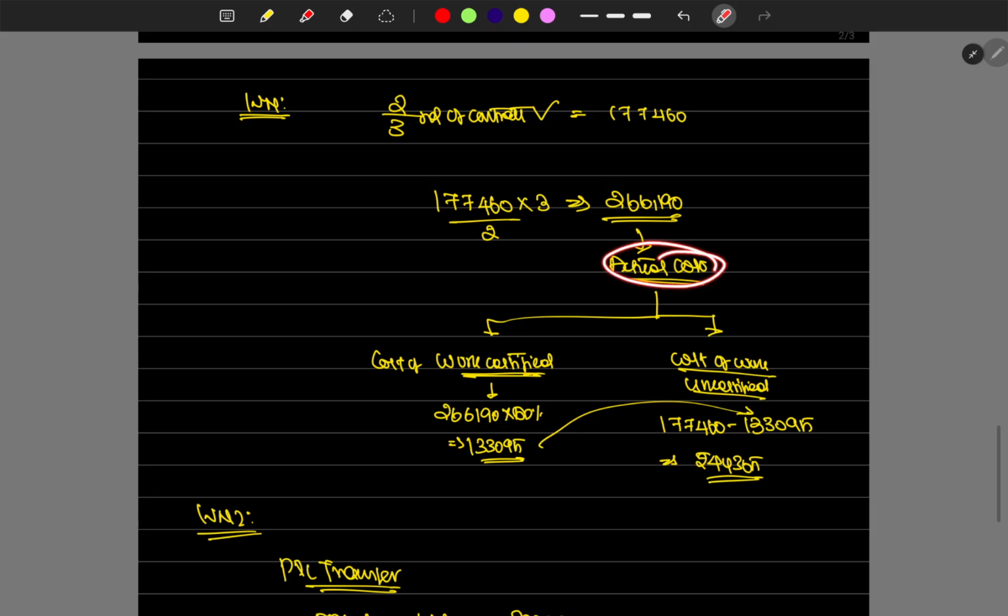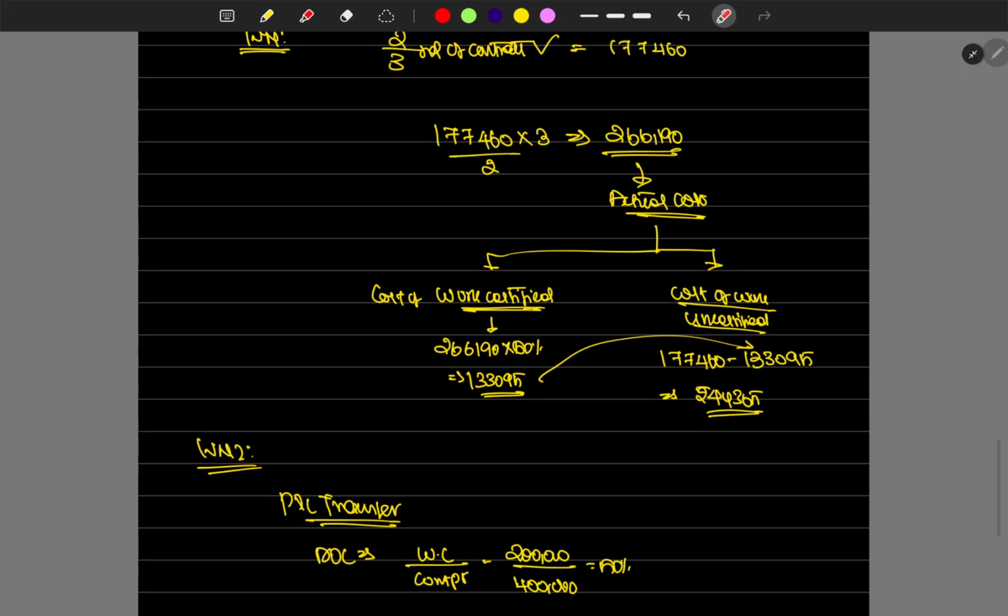So this is the actual cost. What's the actual cost incurred for work certified and what for work uncertified? We found that 50% has been completed, so 1,33,095 is the cost of work certified. Cost of work uncertified is 44,365.